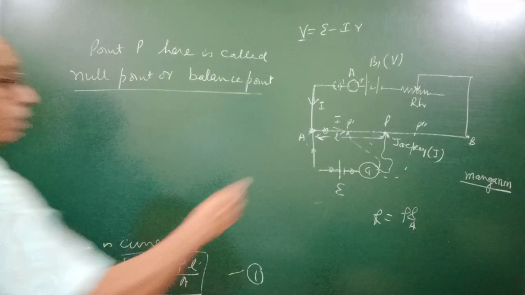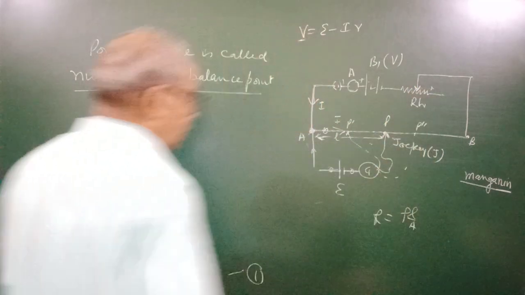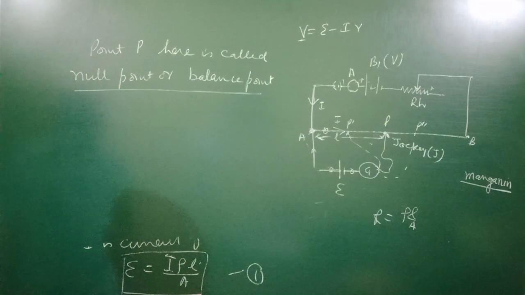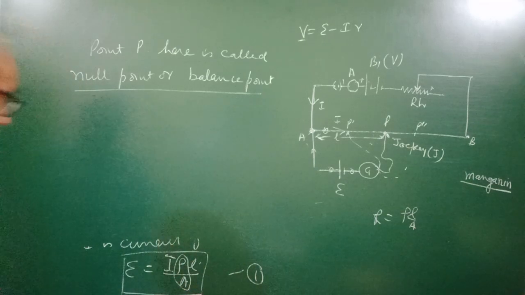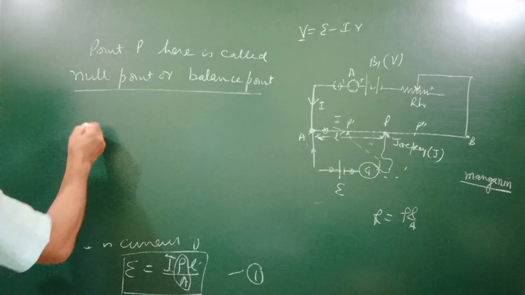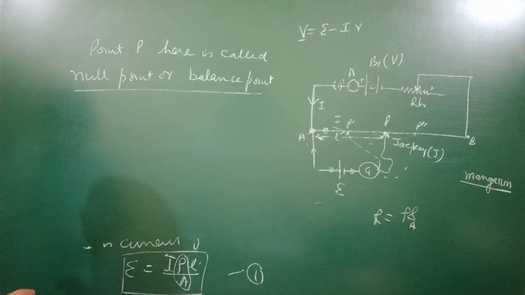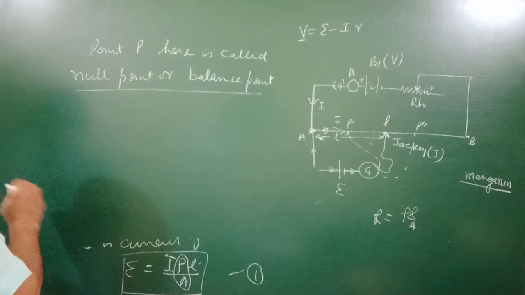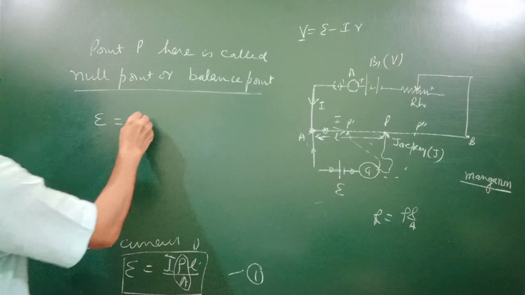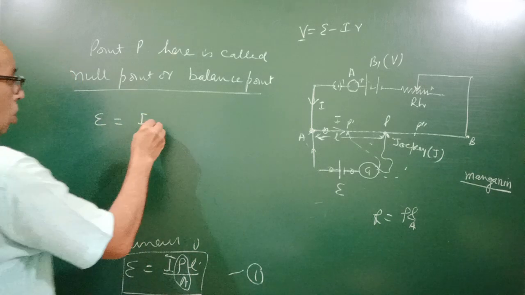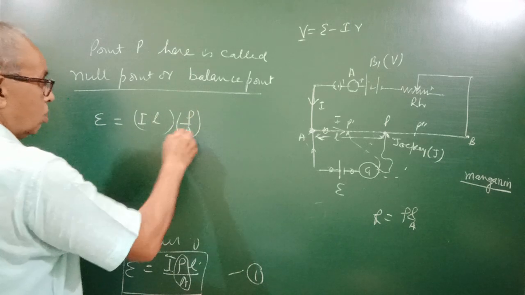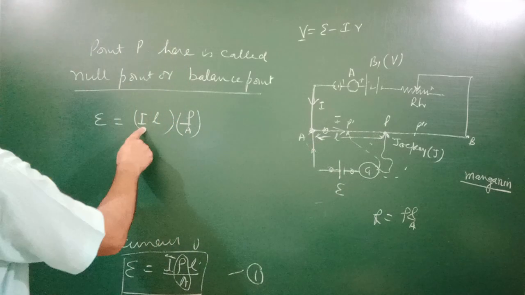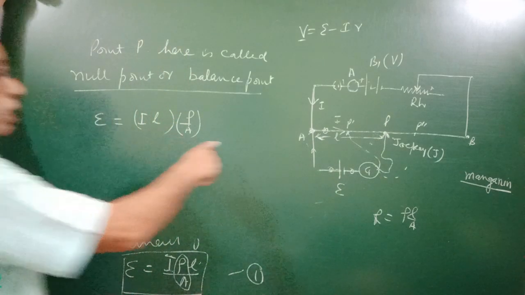If we decrease current I by moving this rheostat this way, because EMF is fixed and rho upon A is a constant value, E equals I L into rho upon A. Rho upon A is constant. If I decreases, then L has to increase.